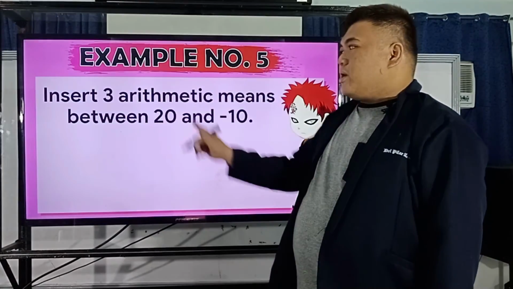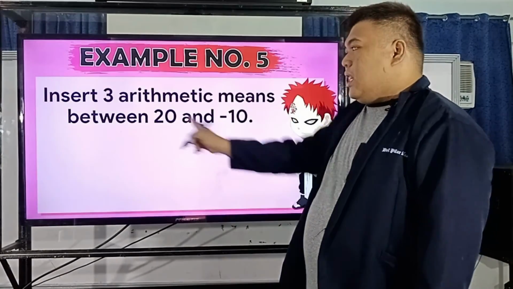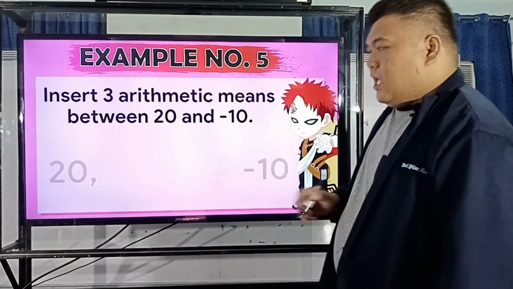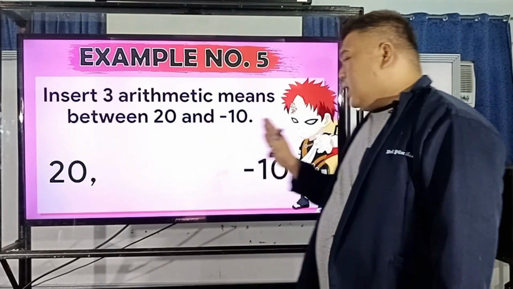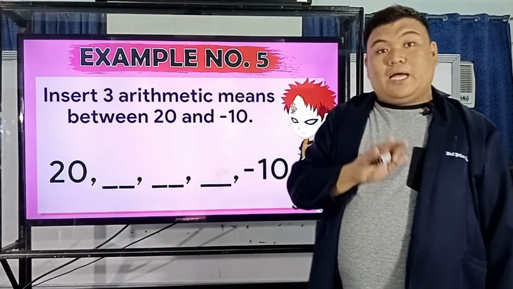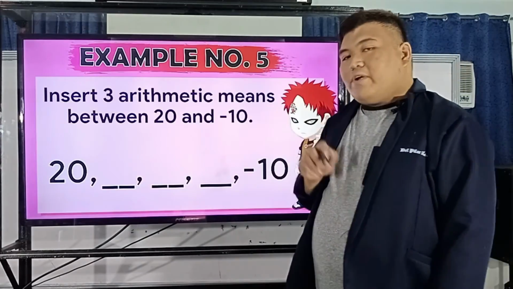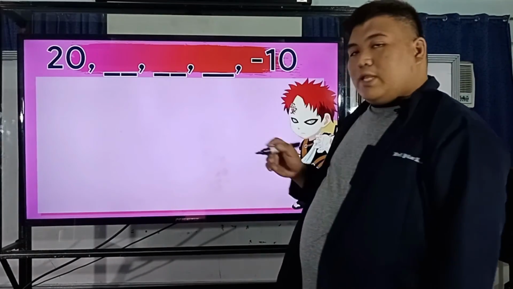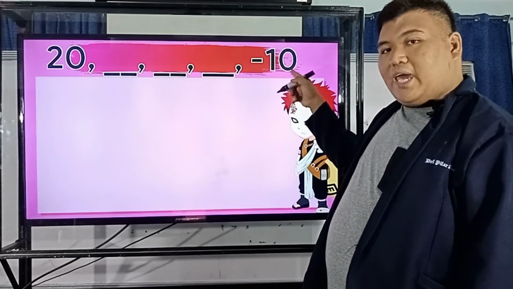So we need to insert 3 arithmetic means between positive 20 and negative 10. So between positive 20 to negative 10, kailangan pa daw nating maglagay ng tatlo pang missing terms. Now first, find the common difference. So katulad kanina, pang ilang terms si negative 10?